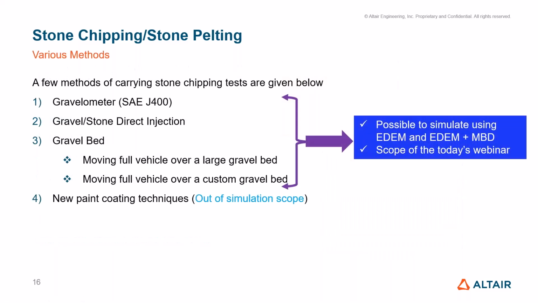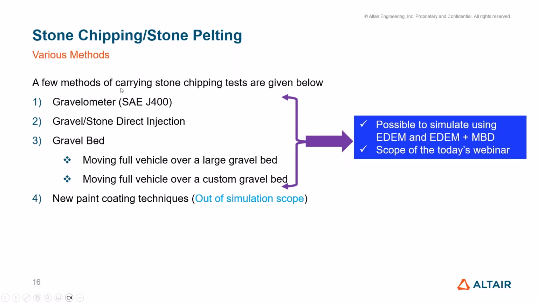There are various methods the industry follows, depending on the objective, whether it is a supplier or an OEM. For example, if the primary objective is only one specific product, then stone chipping is performed in a different way. Or if the full vehicle system is of primary importance, then the stone chipping method will vary.